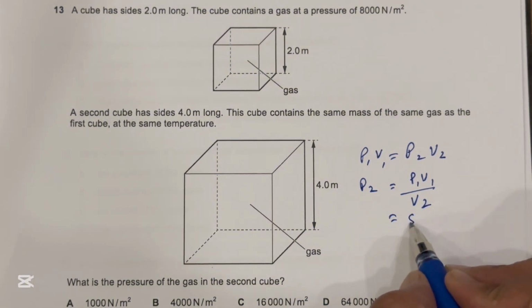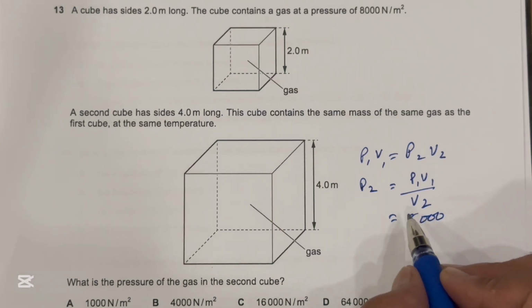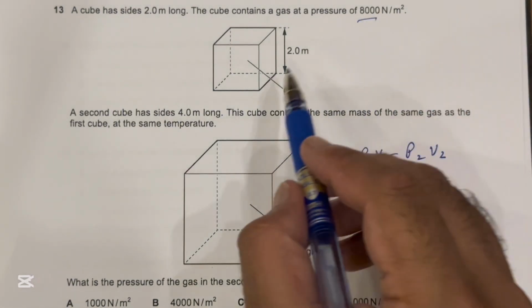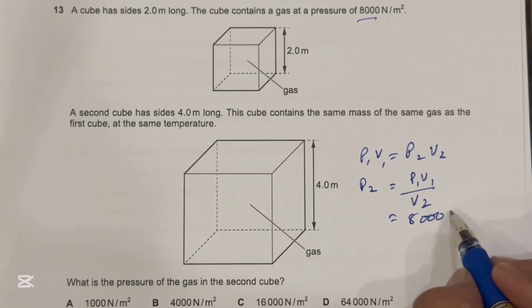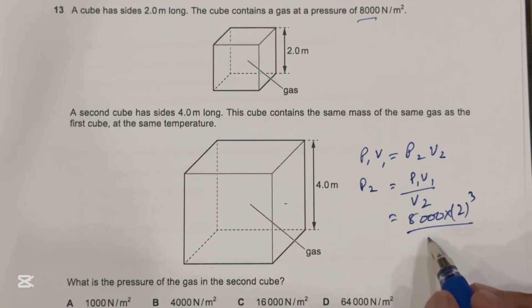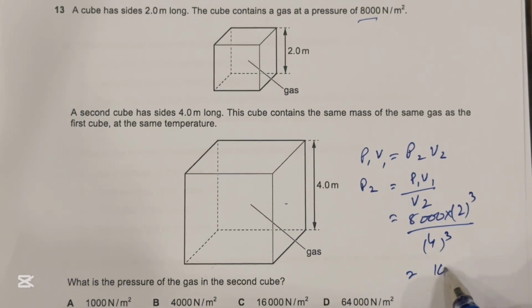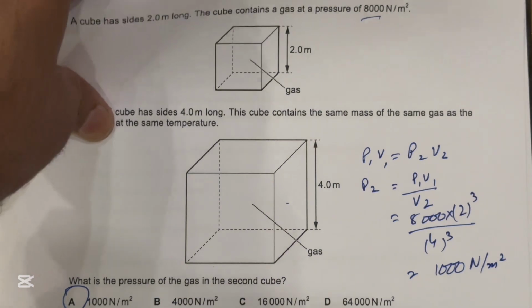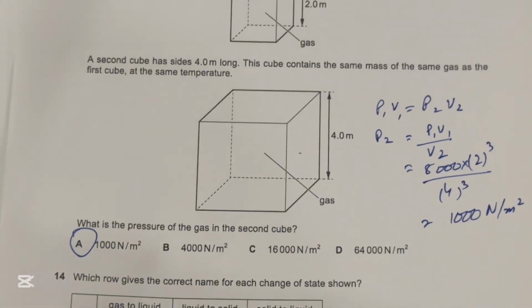So our P1 was 8000, that is given, and the volume of the first cube would be 2 cube, and the volume of the second shape would be 4 cube. So after solving it you get the answer, that is equal to 1000 Newton per meter square. So option number A is the right choice. Again, this is a very good question to practice. Moving to question number 14.